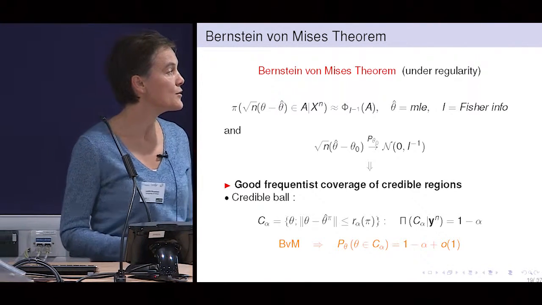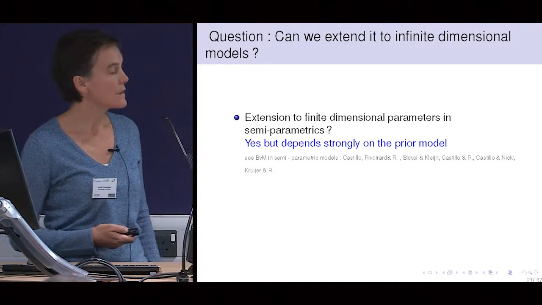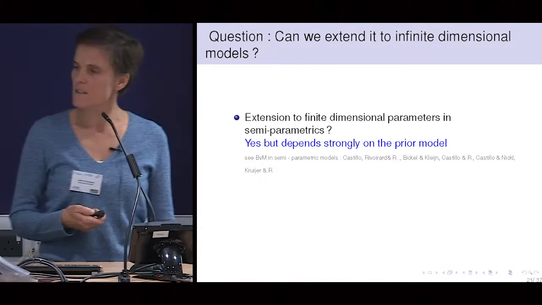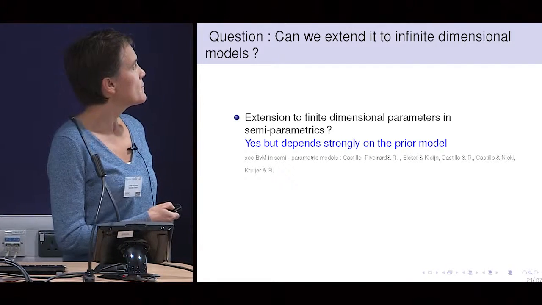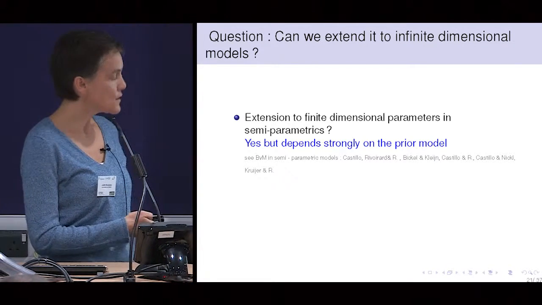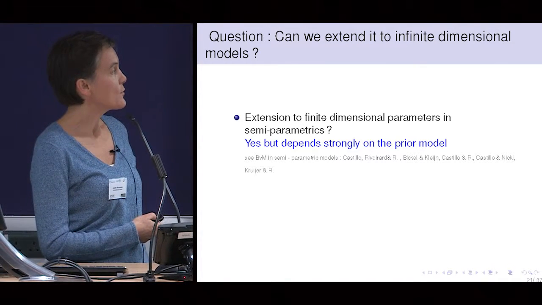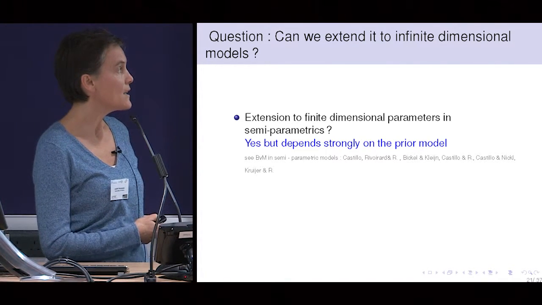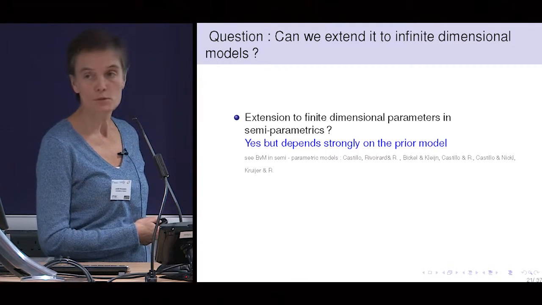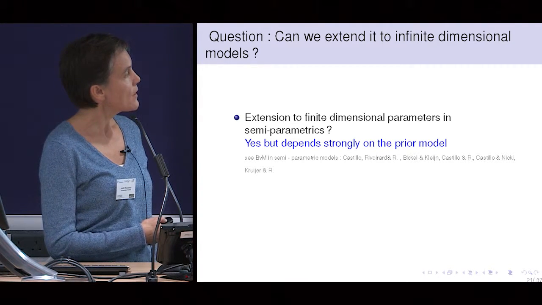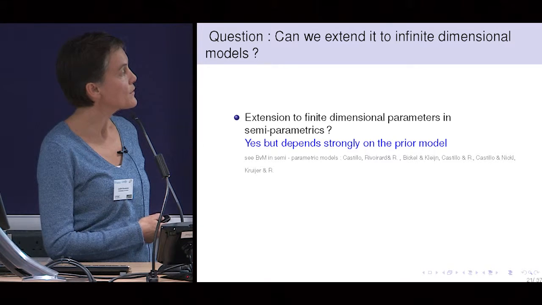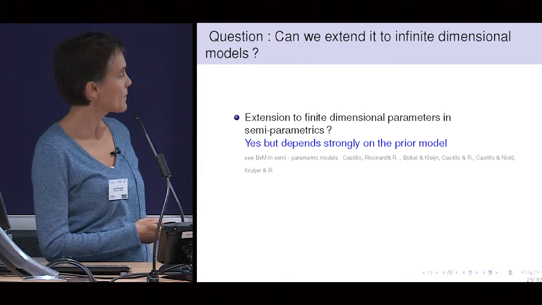But in the infinite dimensional case, is it still true? How can we extend these results to high-dimensional models and get these kinds of strong statements? It's a very strong statement, and in high-dimensional models, you can expect it not to be true. Or if it's true, then it's going to depend strongly on the choice of the prior.